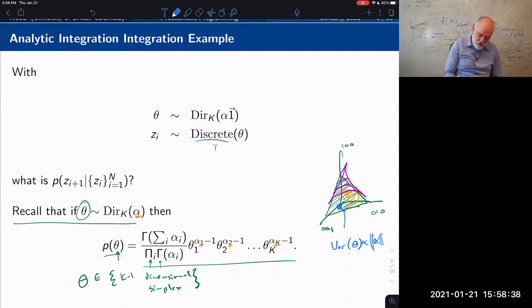A discrete distribution should be relatively straightforward. It's just a distribution parameterized by k values, theta 1 to theta k, so the probability that z_i equals k is theta_k.